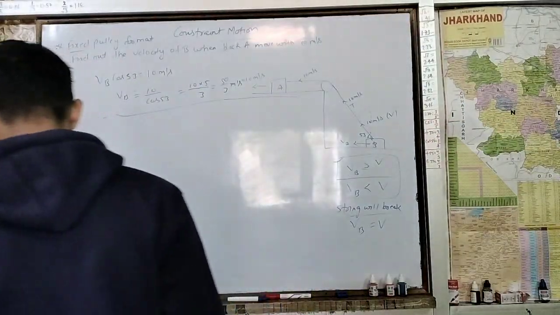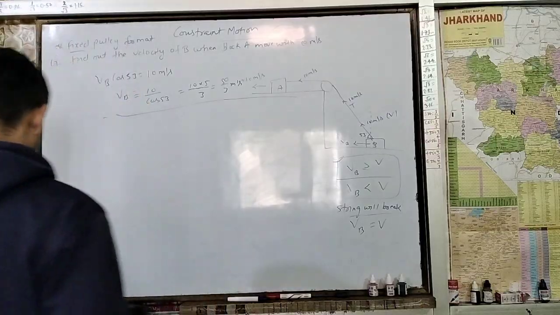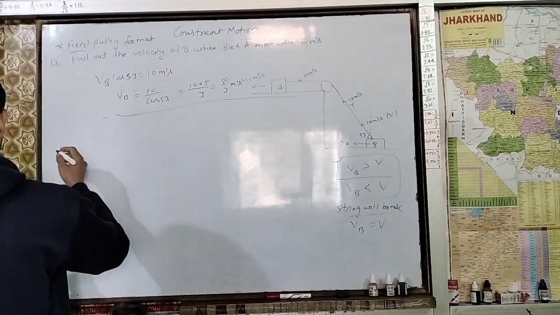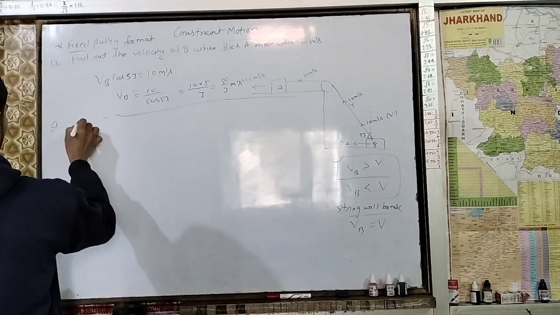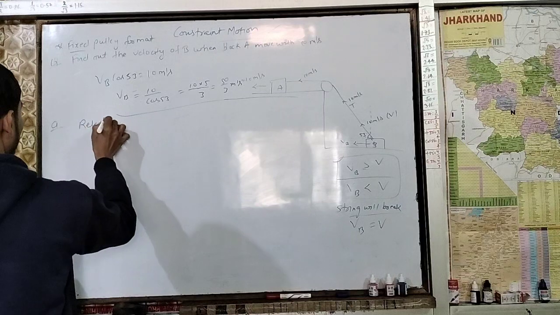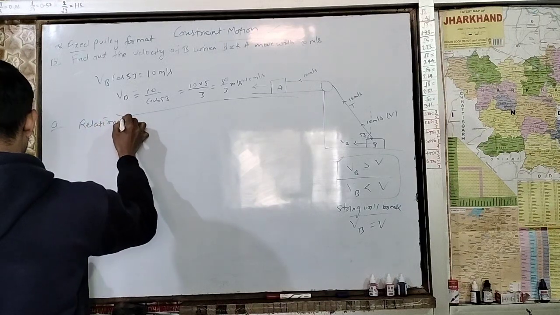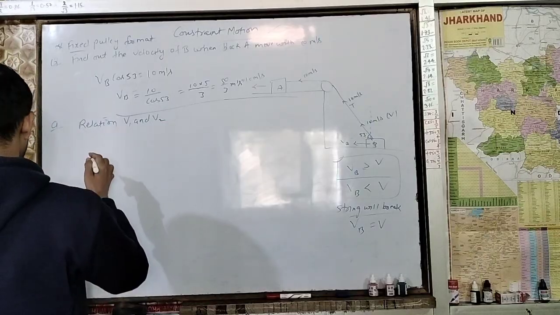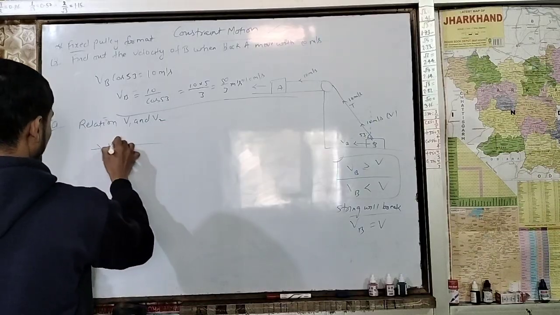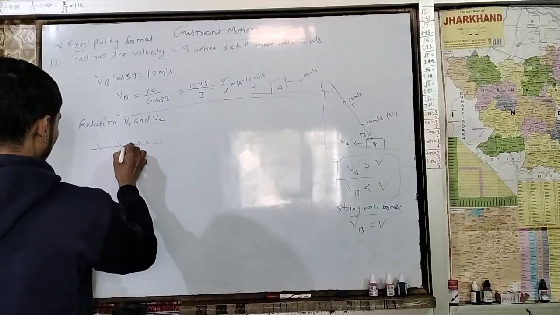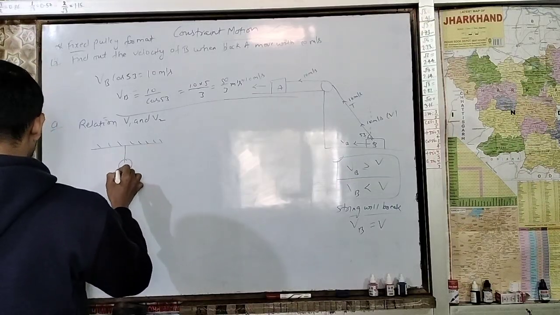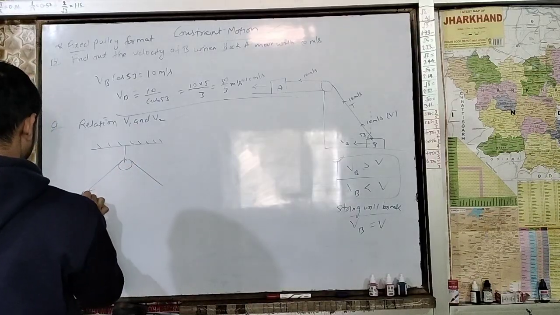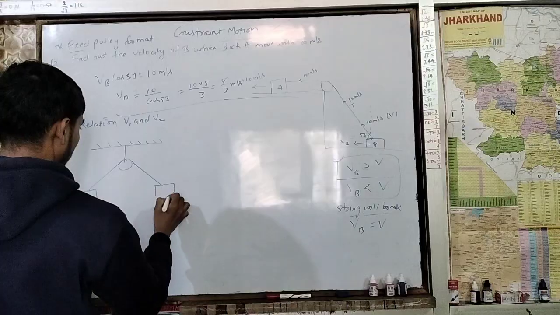Next, relation between V1 and V2, where the figure is like this: there is a roof, and this pulley is fixed at the center.